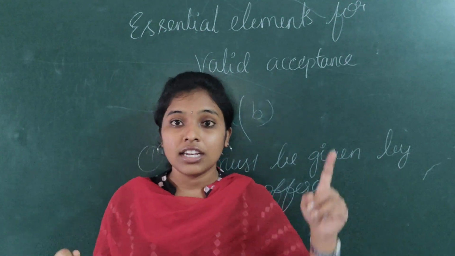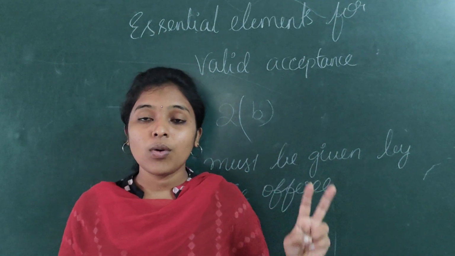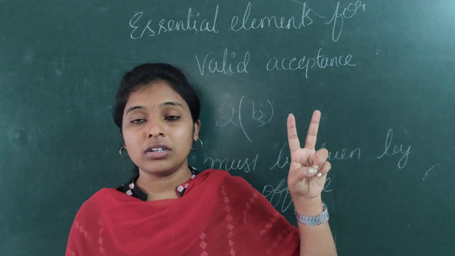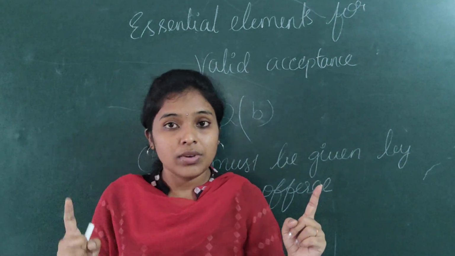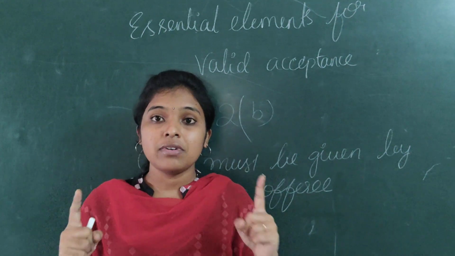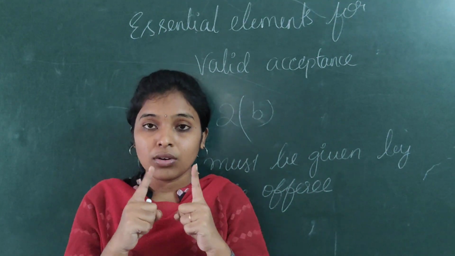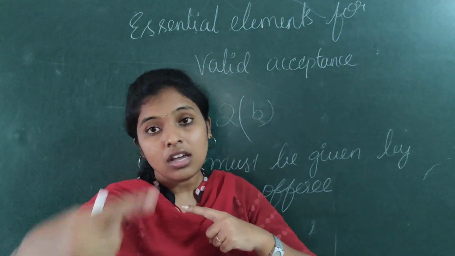Why? Because in a contract, how many persons are required? We require 2 persons or more than 2 persons: the person who is giving the offer and the person who is receiving the offer. These 2 persons combine together and go further into an agreement, and the agreement into a contract.